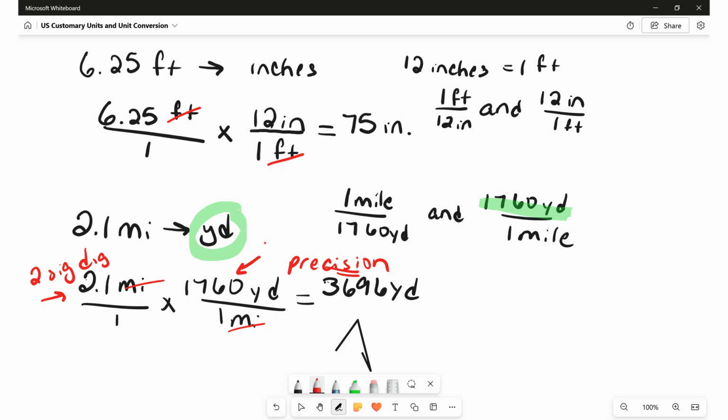This has three significant digits. And we want to round to the lowest. So we only want two significant digits. And when we round that, we get 3,700 yards.